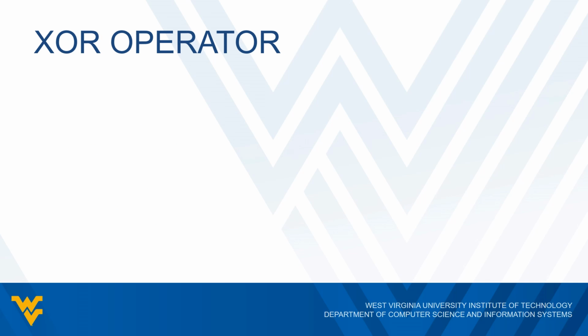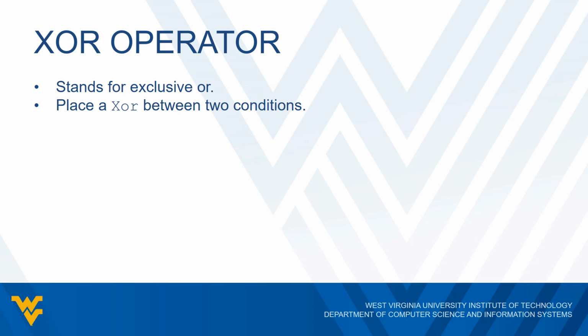The XOR operator simply stands for exclusive OR. I think I said that a couple slides back. So the way we would use this in our conditions is we would place XOR between the two conditions. The way this works is very similar to the OR operator. But here's the difference. With the OR operator, both conditions could be true for the whole thing to be true.